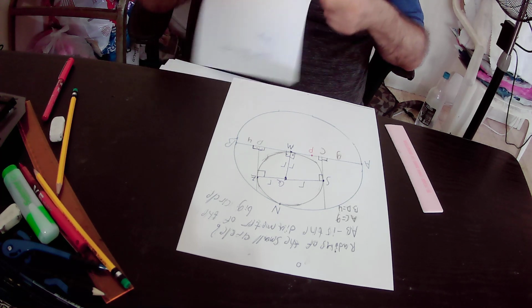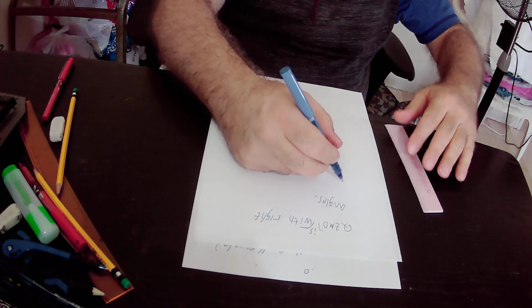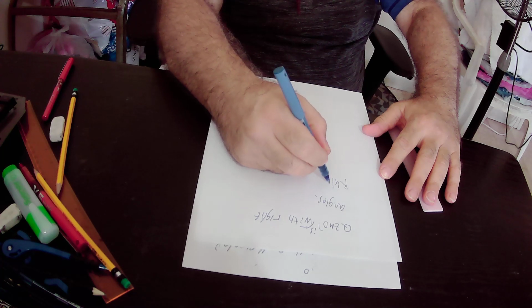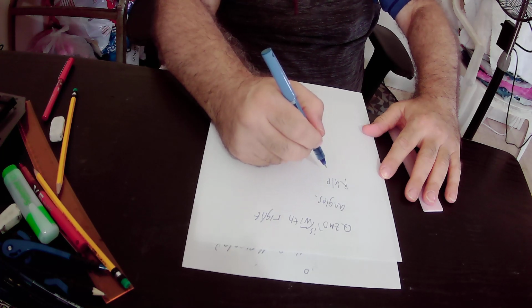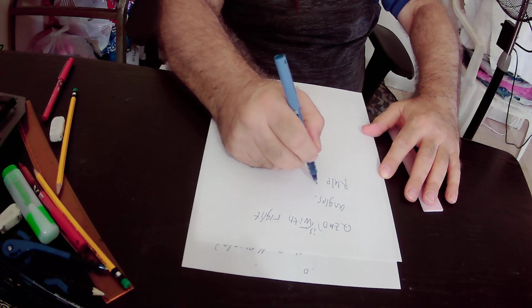And we have also rule number 2 that states that the sum of the angles in a quadrilateral is equal to 360 degrees.